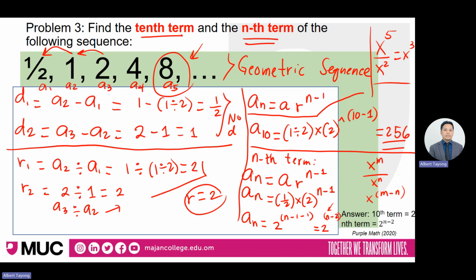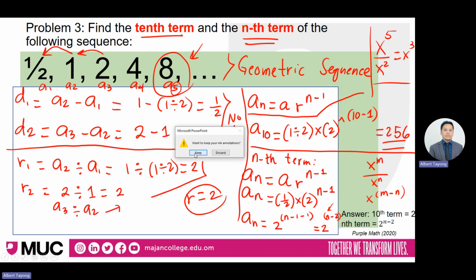You can test any value from the given list by taking the nth position of that value. 8 is the 5th, so our n is 5 here. To change it to 5, as I said, it will become 2 cubed. So the answer is 8. So that is correct. Right, so let's now proceed to problem 4.